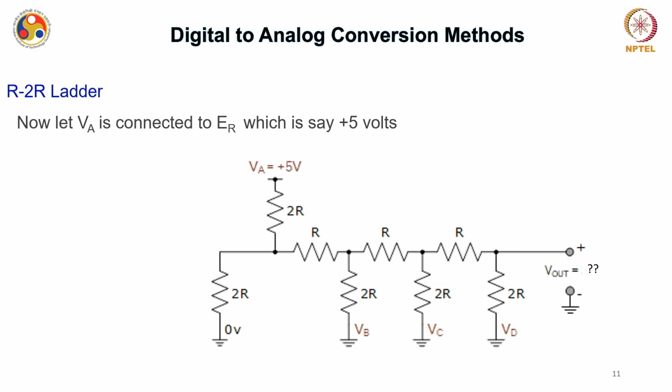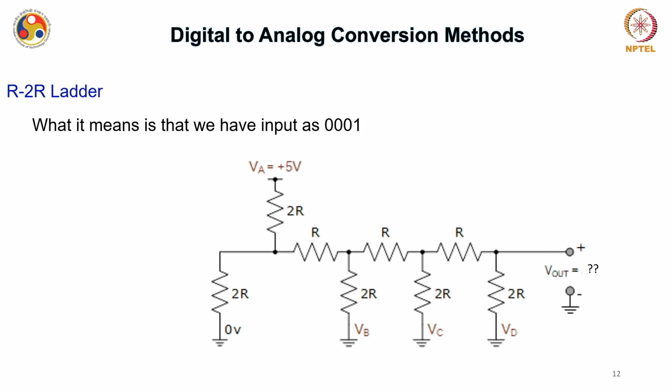Now, let VA be connected to the reference voltage ER, which is for example here 5 volt. Now, it is no longer at 0 potential. Now, I have connected it to 5 volt. Let us see what is changing and what will be V out in this particular configuration.